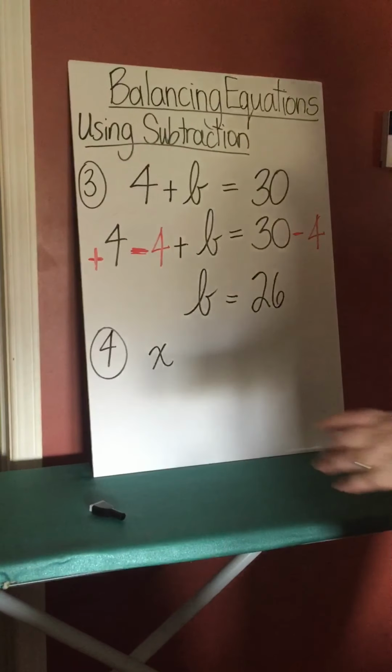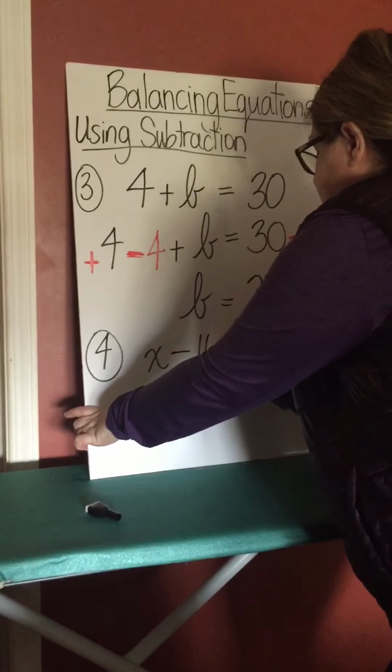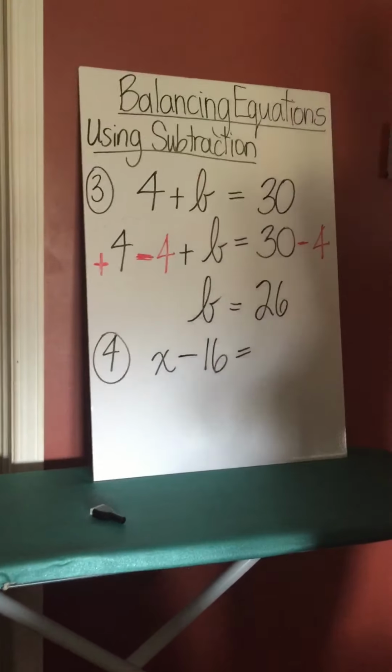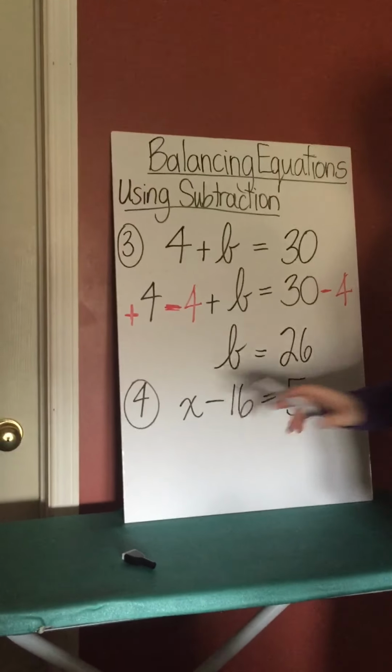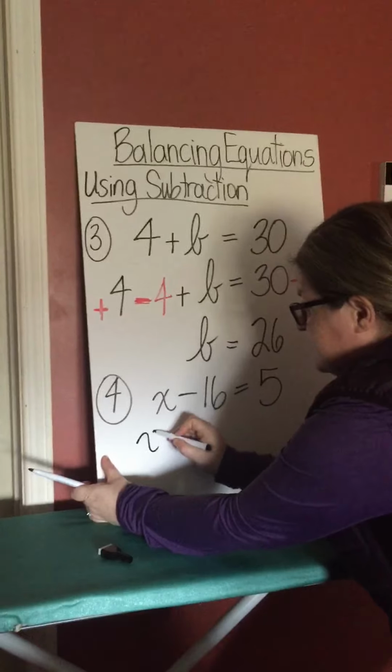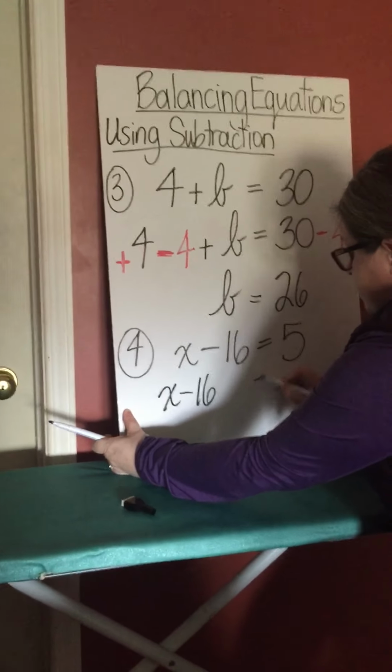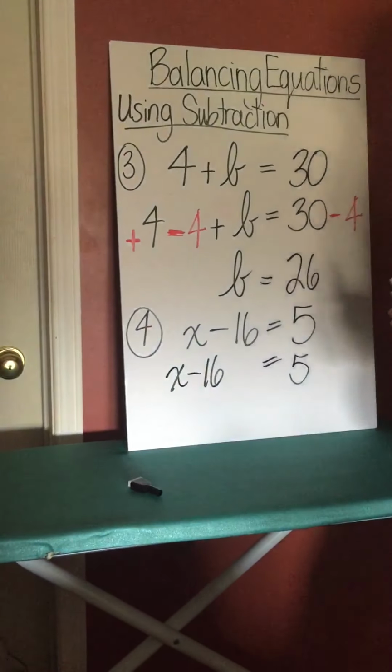x take away 16 leaves us with 5. As you can see here, we're trying to get the x all by itself, but we can't because it is attached to a subtraction of 16.